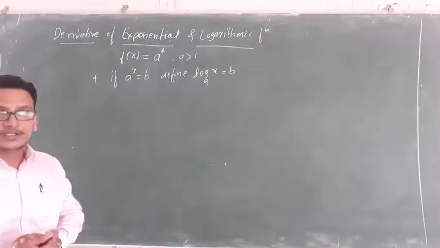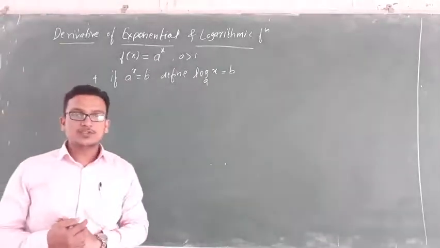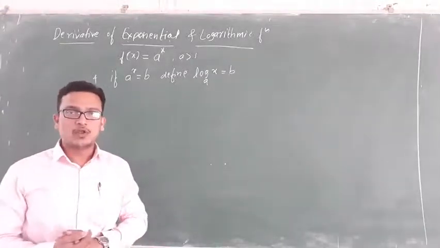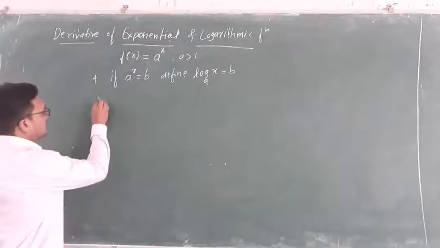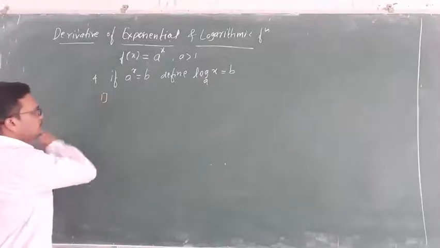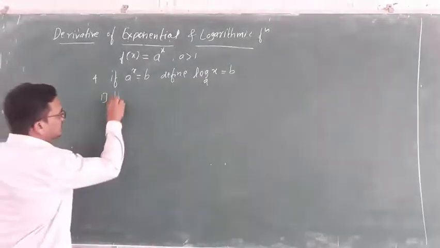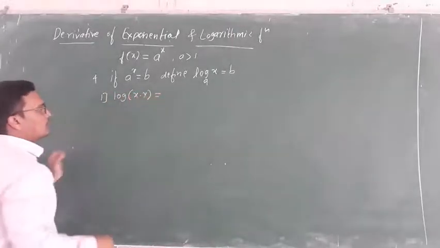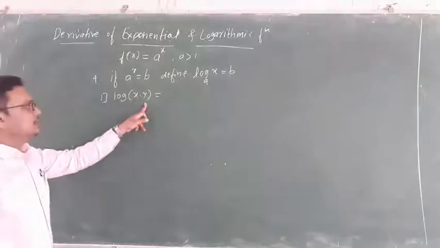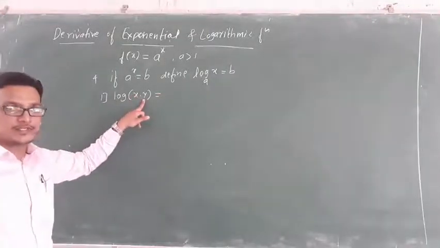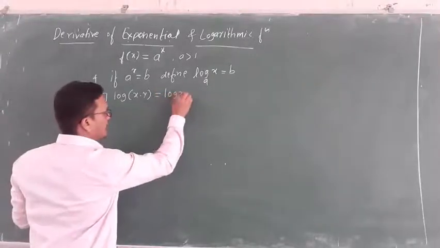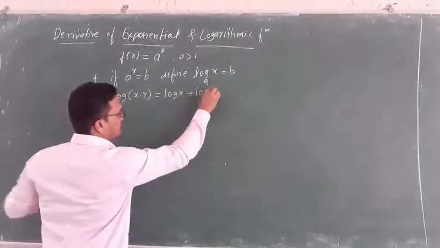Now under this we are going to see some rules, or you can say properties of logarithm. First property of logarithm, that is log of x into y. Log of x into y means this is the product of two functions, and if the log is there, then this can be written as log x plus log y.